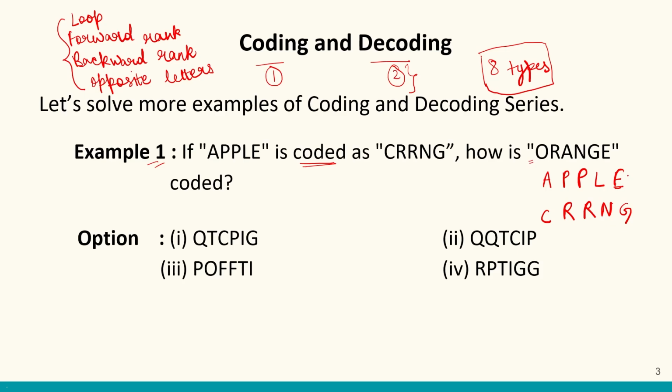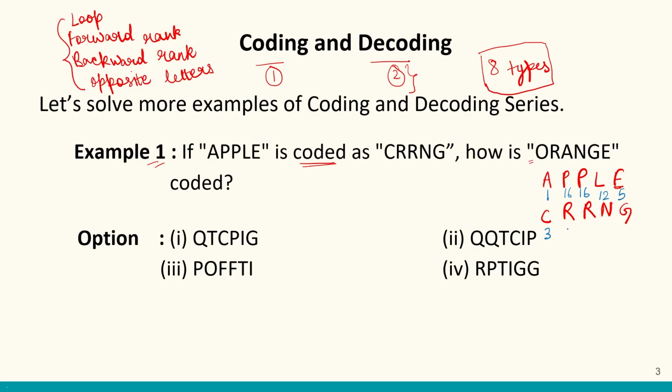In this question, if I give ranks to all of these, then A is ranked as 1, P is ranked as 16, L is ranked at 12, and E is ranked at 5.